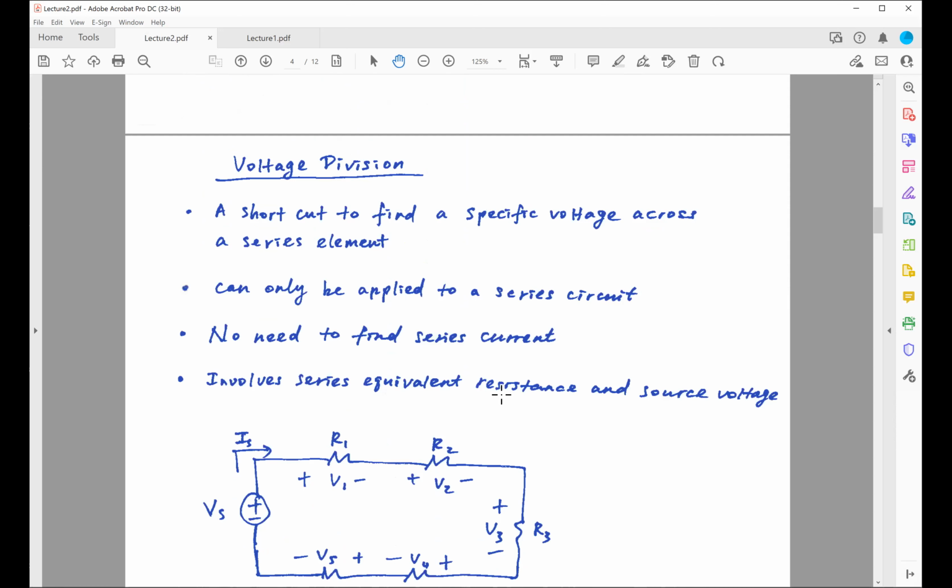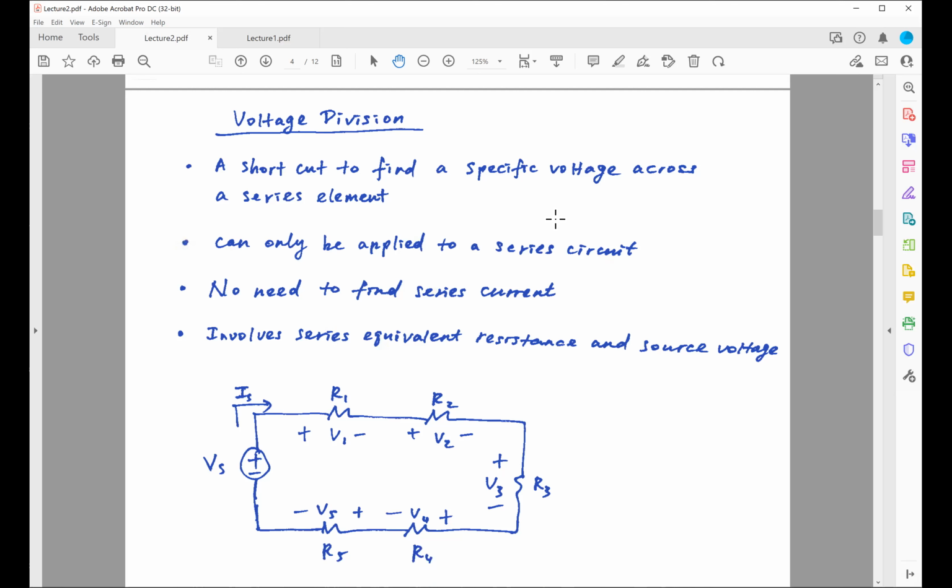Next, I would like to introduce this very important technique called voltage division. A voltage division technique is a shortcut for you to find a specific voltage across a series element.